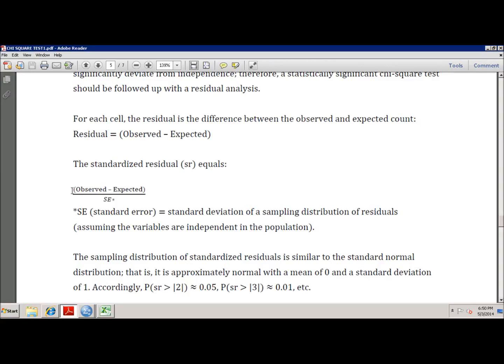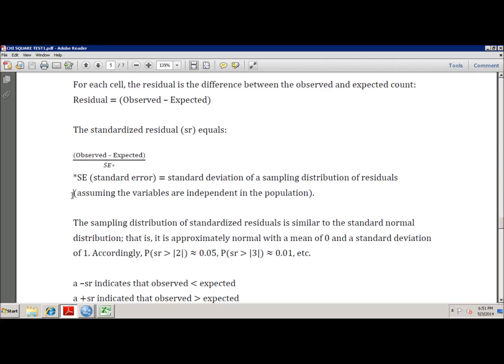The only thing you need to know when you look at your standardized residuals, just like in a normal distribution, because we're assuming the standardized residuals are normally distributed, is that we want to look for values that are very unexpected.